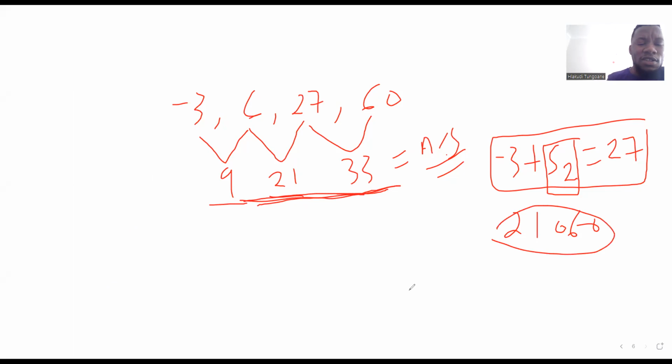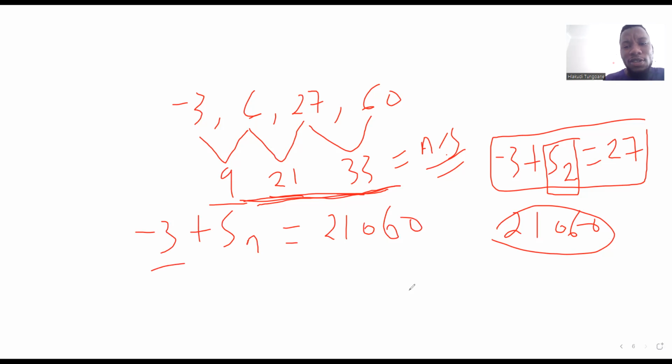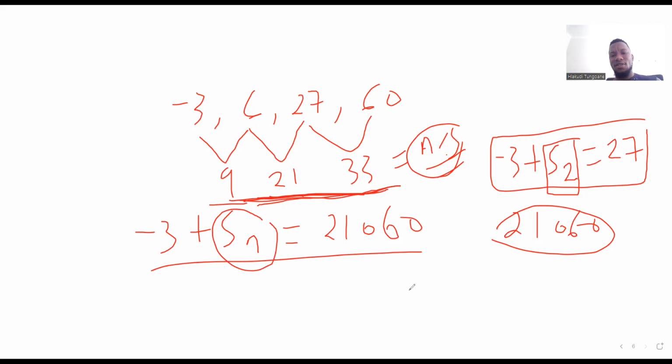So essentially what you're trying to solve for is -3 plus Sn must equal 2106. Summing these differences is like Sn for an arithmetic sequence, because they form an arithmetic sequence. So we need to determine how many terms in the Sn formula.